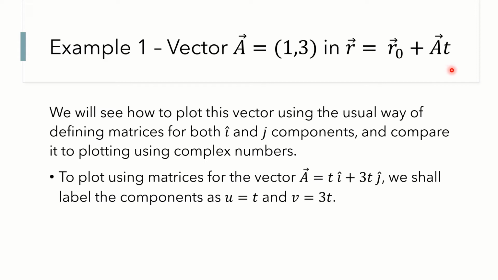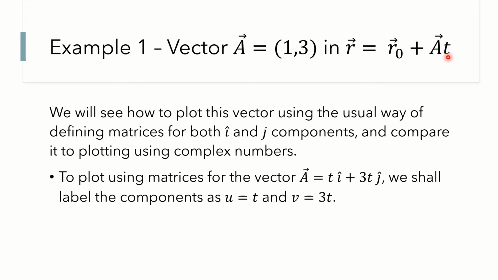I'm using Octave, and one way is by using matrices. So I define the points in the x direction and the points in the y direction. Imagine I have a point at the origin, that is x equals 0, y equals 0, and then I have vector a along this line 1, 3, and I multiply this by t.